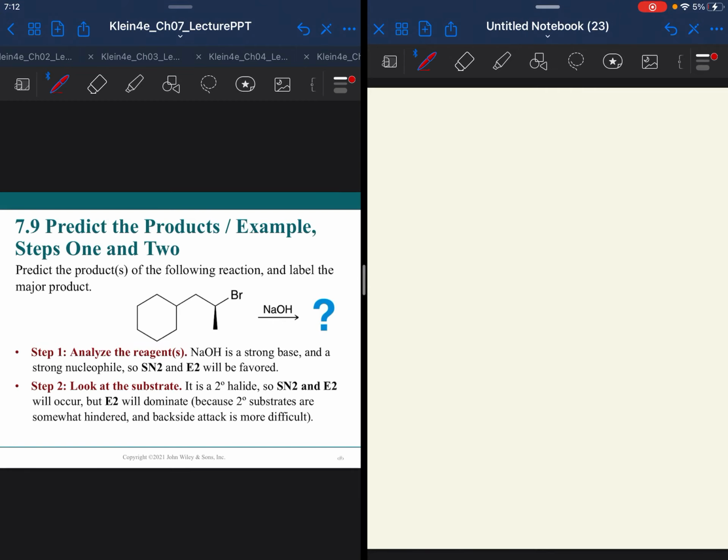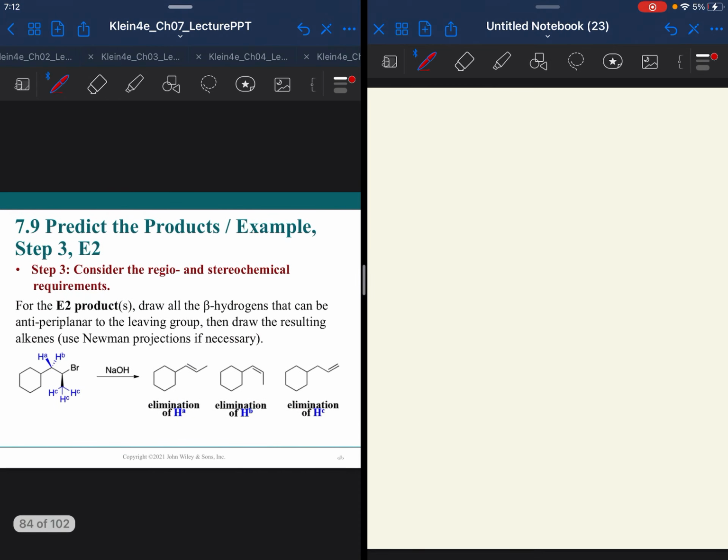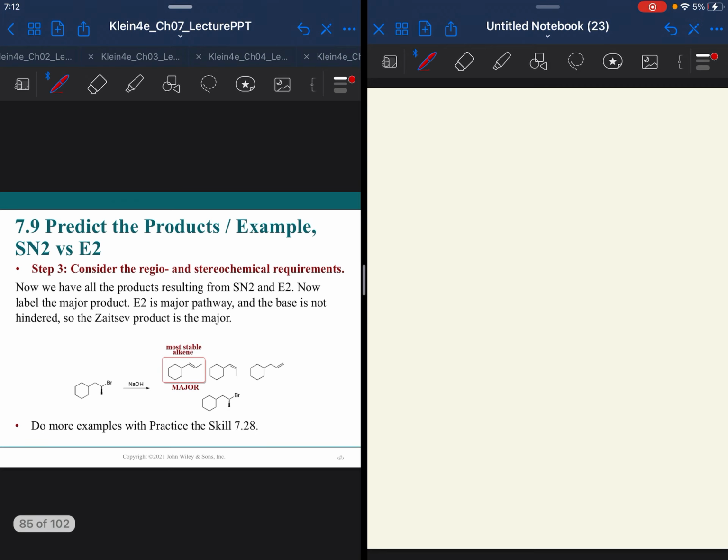So here is an example. I'm going to skip this one because this is one I would include a solvent for you. So I don't like that as a practice problem. I'll just make one up. Let's do something like this.